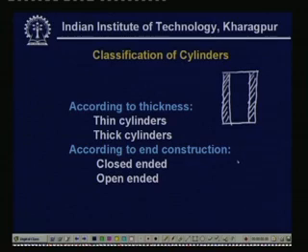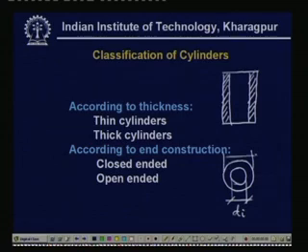If you look here, this is the internal diameter di and this is the external diameter do, and this distance is the thickness T. Definitely T will be equal to do minus di divided by 2.